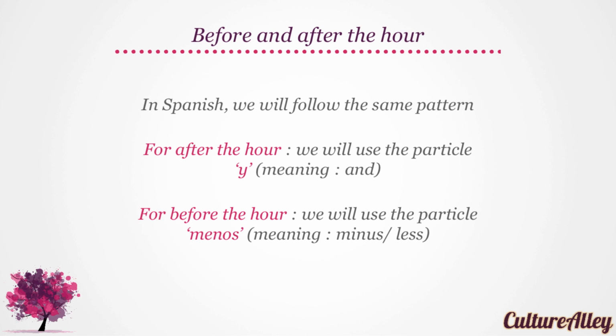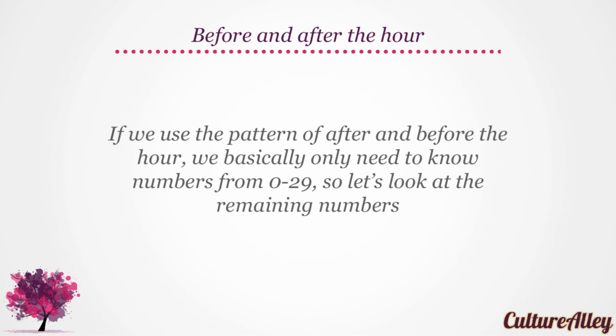For telling time after the hour, we will use the particle y, which means "and." And for telling time before the hour, we will use the particle menos. The meaning of menos is "minus" or "less." All right, if we use a pattern of after and before the hour, we basically only need to know numbers from 0 to 29. So let's look at the remaining numbers.